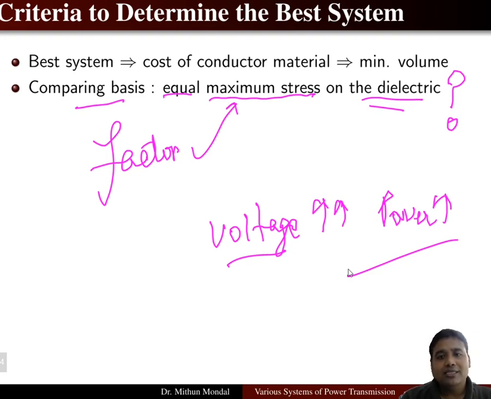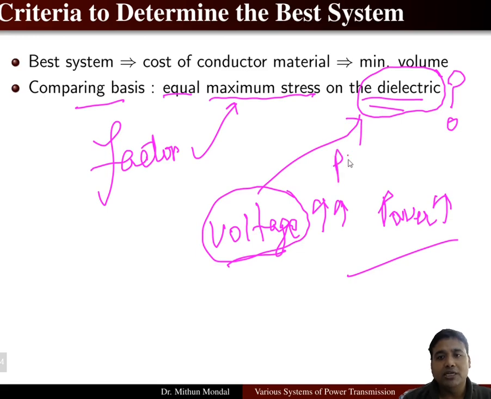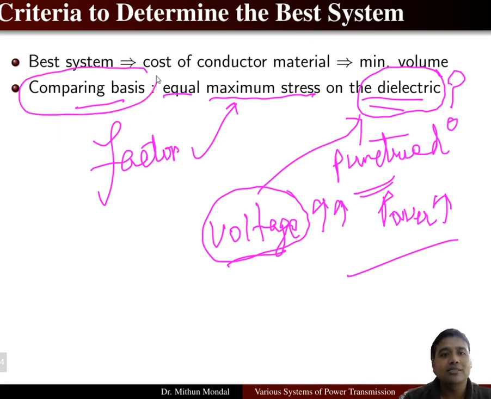The voltage can be increased up to a particular level which does not disrupt the dielectric, as we talked about in the previous lecture. That is, the level of the voltage can be increased till the dielectric is not punctured. So the comparing basis that we have taken is equal maximum stress on the dielectric.